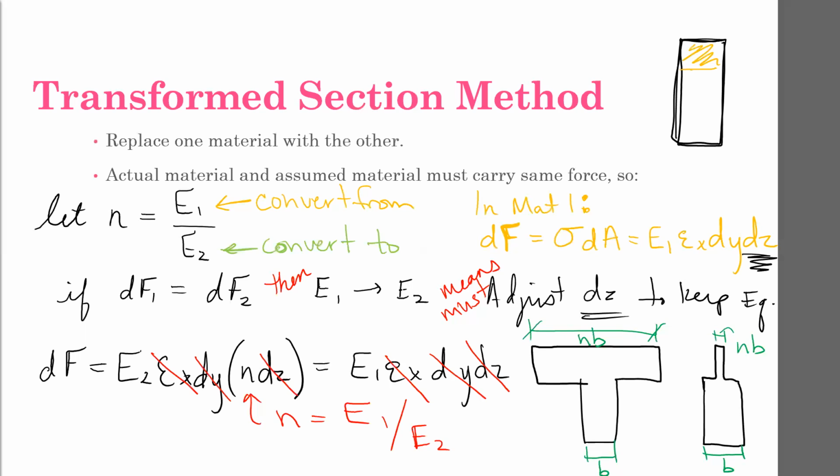So this here corresponds to E1 greater than E2, and this here is E1 less than E2.